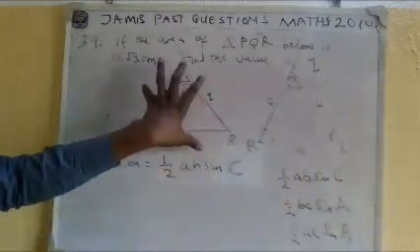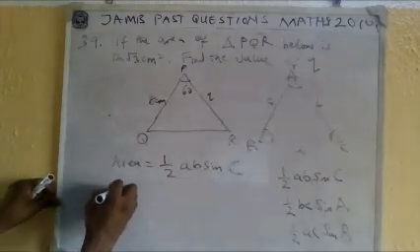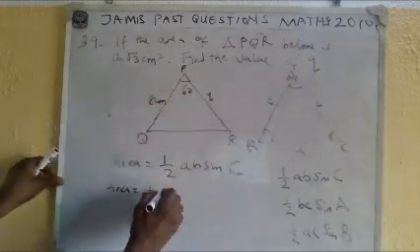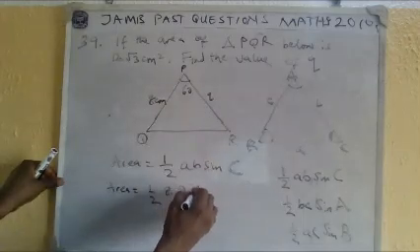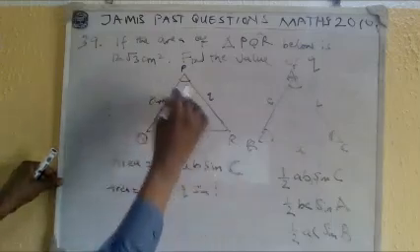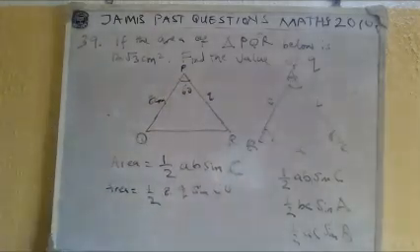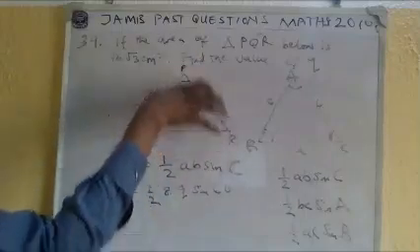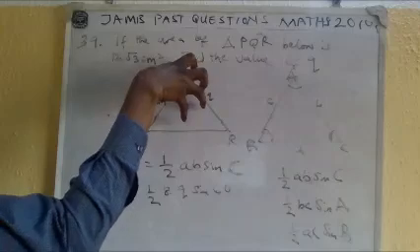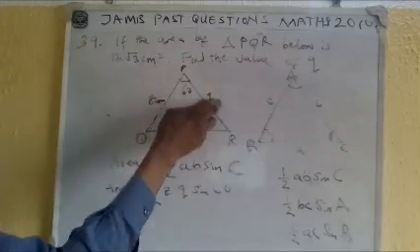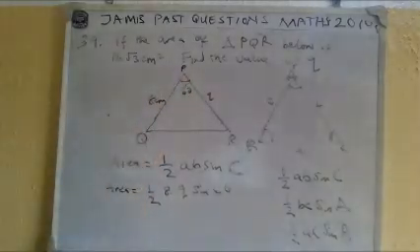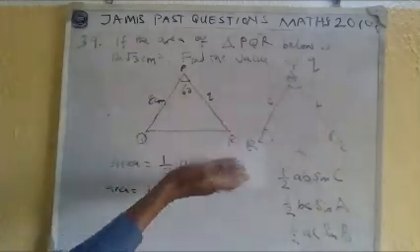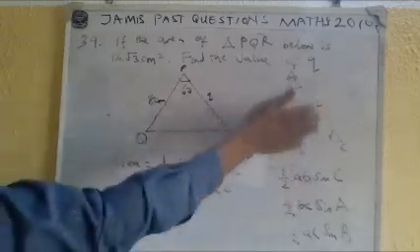Here, area is half times 8 times q sine big P, which is 60. Please look at it too. The angle that is given and the sides bounding it, that's what you are working with. Half this times this, sine the angle between.